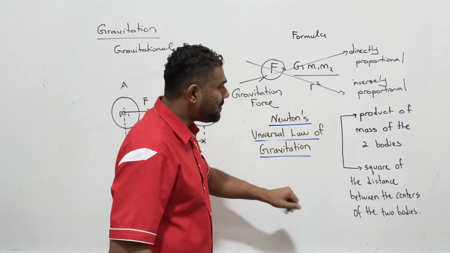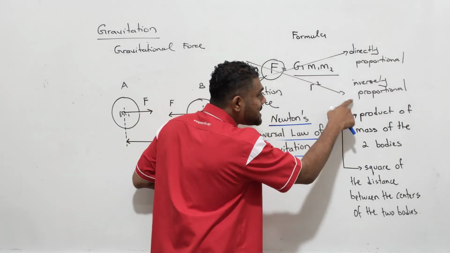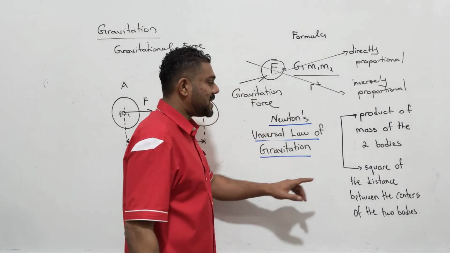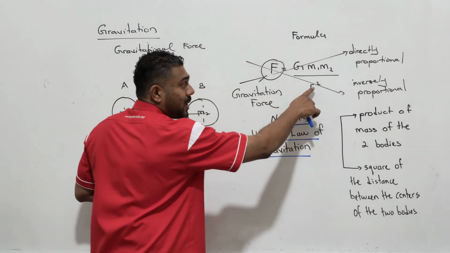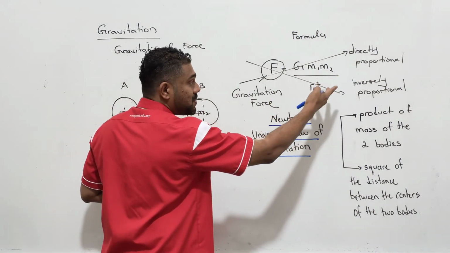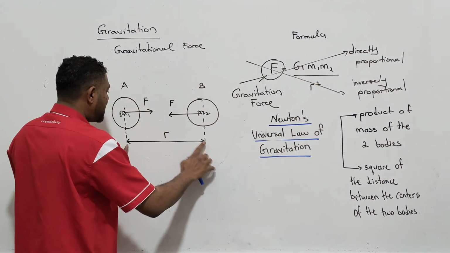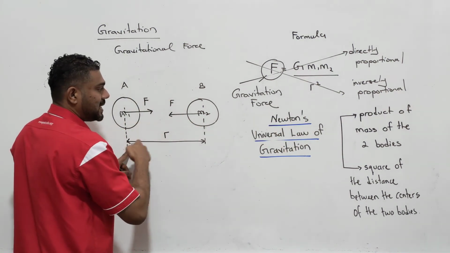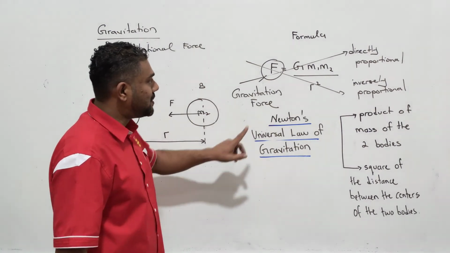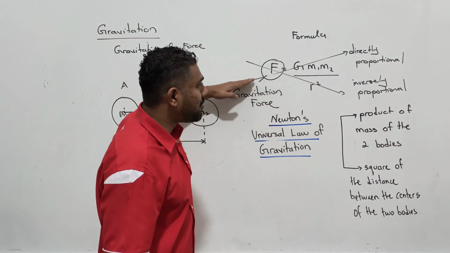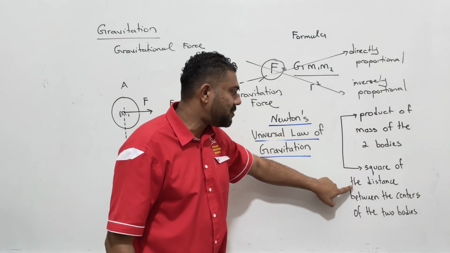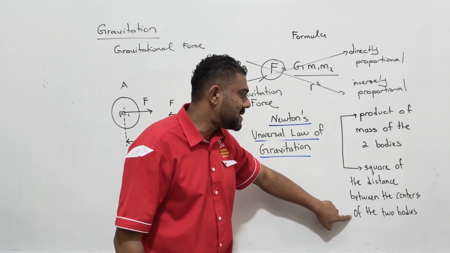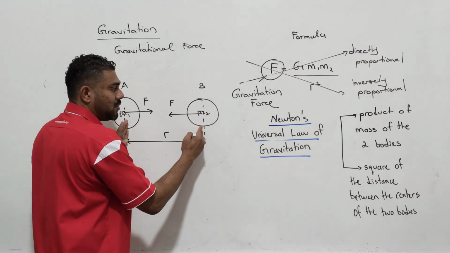And it is inversely proportional to the square of the distance. Square is basically the power, guys. Square of the distance between the middle of the two planets. So here we say directly proportional, and here inversely proportional to the square of the distance between the centers of the two bodies.